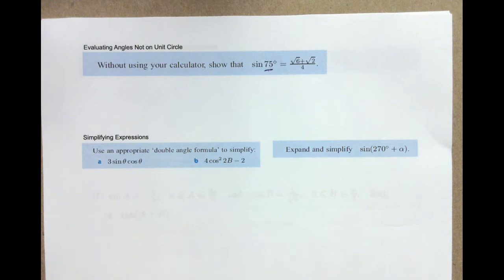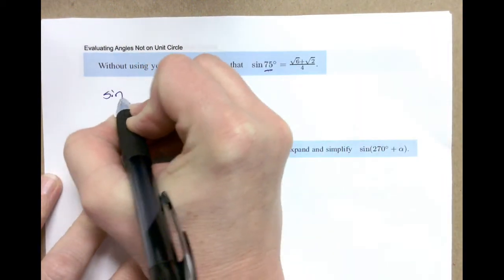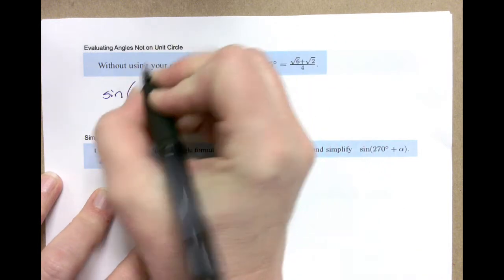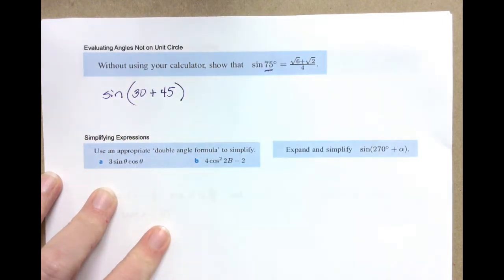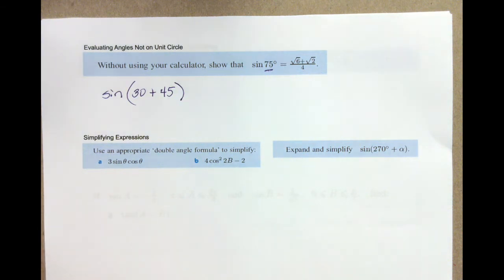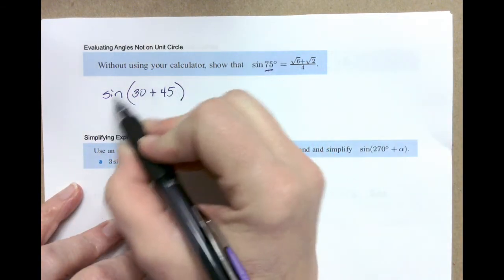No. Okay, so can we put two angles together to make 75 degrees? So this is the sine of 30 plus 45, right? Because we know how to find the stuff with this.